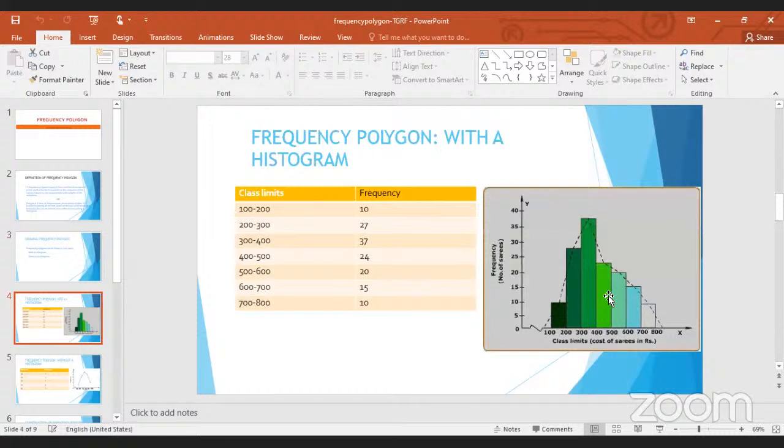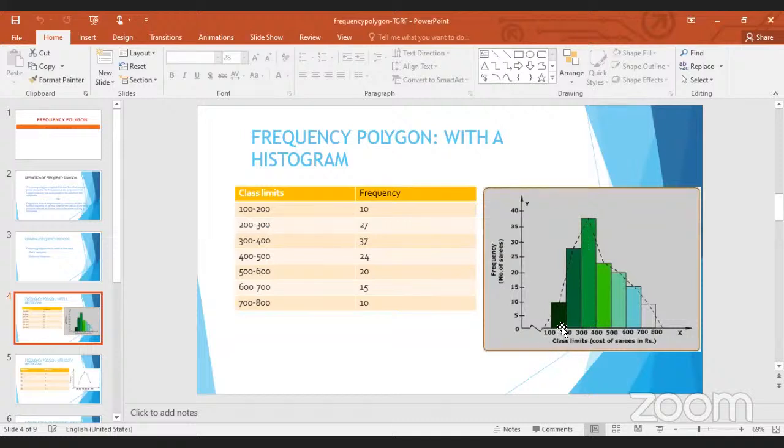This is a way to draw a frequency polygon with a histogram. You can see that these rectangles represent the histogram, and this line connects the various points in the data set.